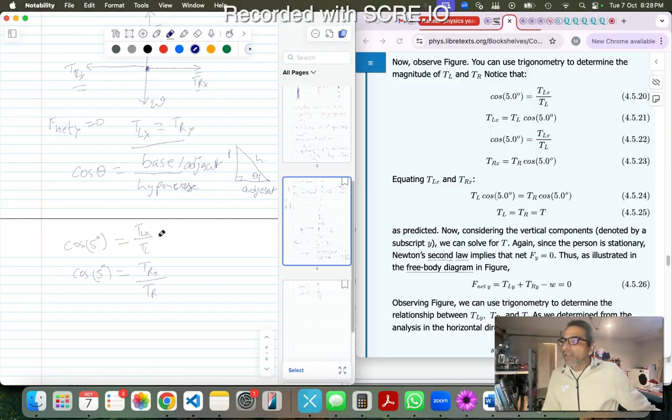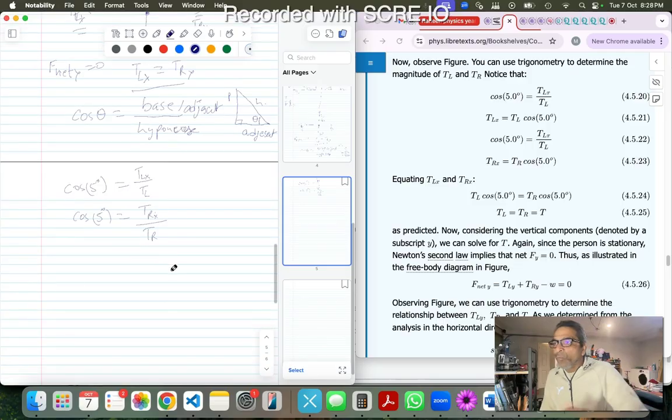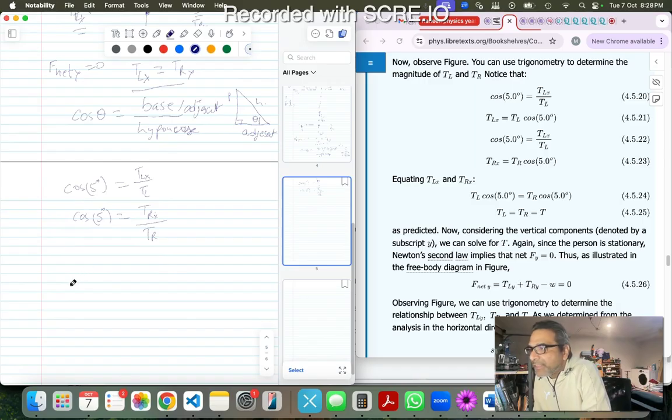In this way, what we conclude is TL, that's what we have predicted previously, TL equals TR, which is equivalent to the total tension, right?